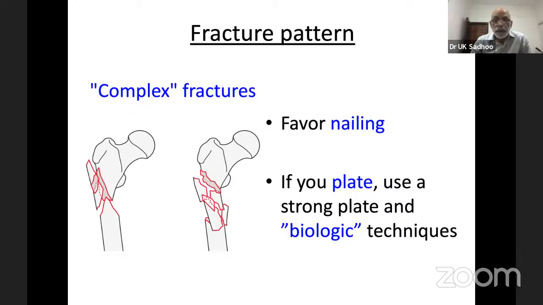If at all we use a plate, we need to bypass any comminuted area so that we get a very good hold on the proximal and distal fragment without putting screws too close to the fracture, because that becomes a very rigid fixation and subsequent failure, because there is very little callus, if any, and it is then doomed to delayed oblique non-union.